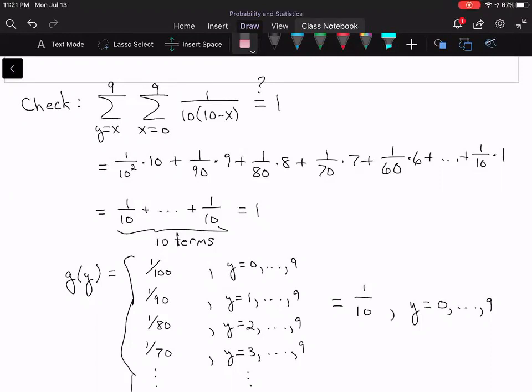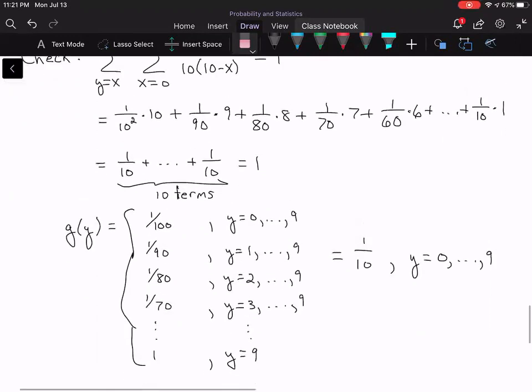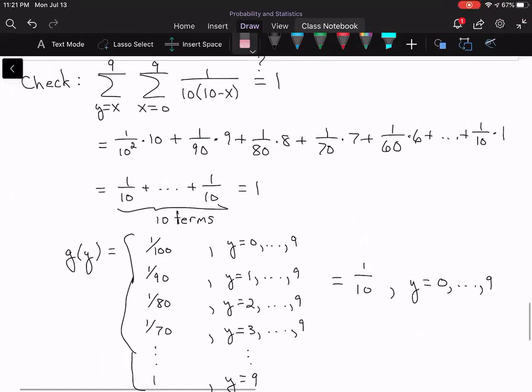And then I had to think through what happens as I sum x out. I noticed that when x was 0, I had 1 over 100. When x was 1, I had 1 over 90, and so forth, but my y was changing, because when x was 0, y went from 0 to 9. When x was 1, it went from 1 to 9, and so forth. So the multiplier went from 10, 9, 8, 7, 6, 5, all the way down to 1.